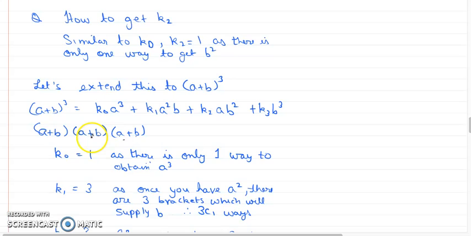You could do a multiplied with b and b, you get ab square, or you could take a from here and multiply the b and b from the first and the third bracket, or you could take the second and the third one, or the first and the second one. And in all cases, you will end up with an ab square term.